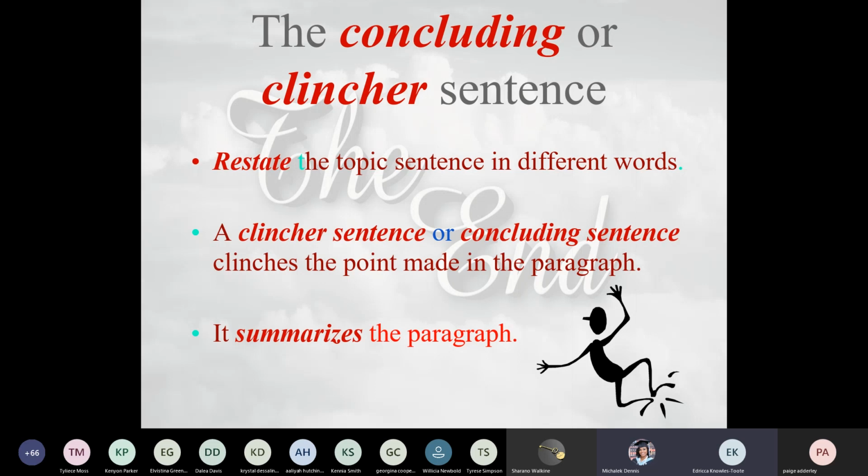Then we have, okay, I think my screen froze. Okay, a clincher sentence or concluding sentence clinches the point made in the paragraph. So your concluding sentence should indicate to your reader that this is the point that you were trying to make in your paragraph. This is what your paragraph was talking about.